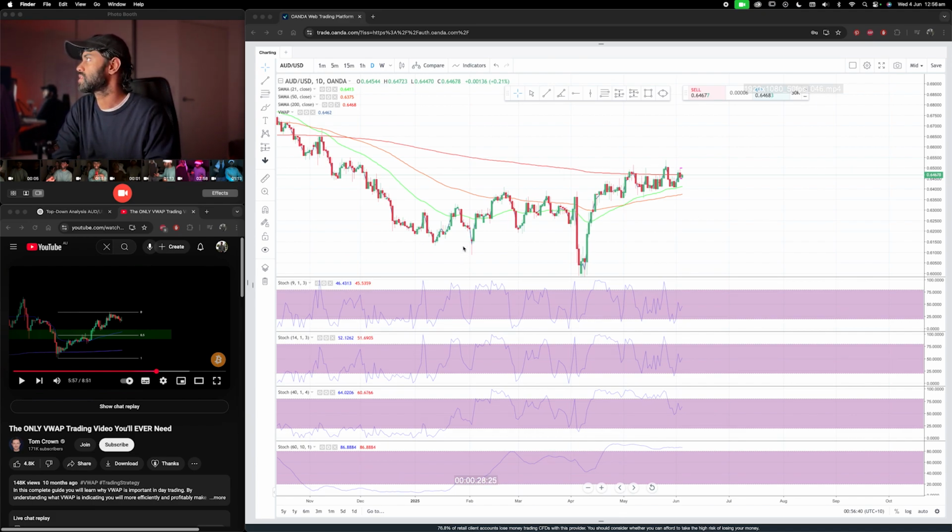So I'm looking at a forex pair this time, Australian dollar versus US dollar. You might ask me why I'm choosing this pair instead of so many other pairs. It's because it's the New York trading session and London trading session right now, which means most of the volume is trading US dollar pairs.